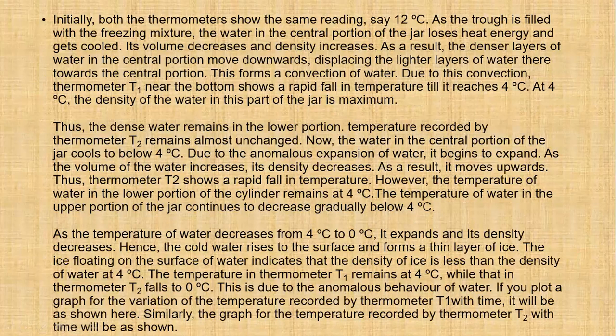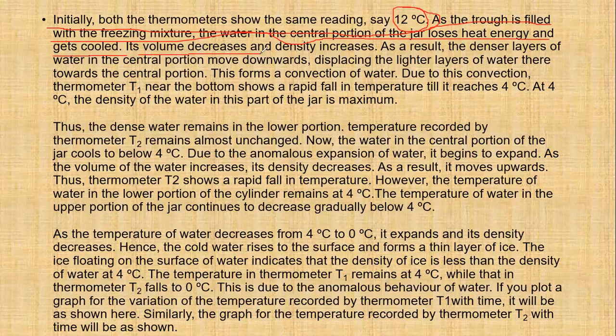Initially both thermometers show the same reading, say 12 degrees Celsius, taken as an example. As the trough is filled with the freezing mixture, the water in the central portion of the jar loses heat energy and gets cooled.